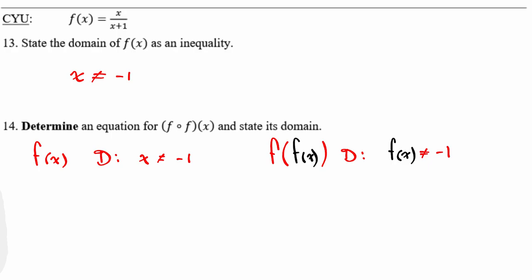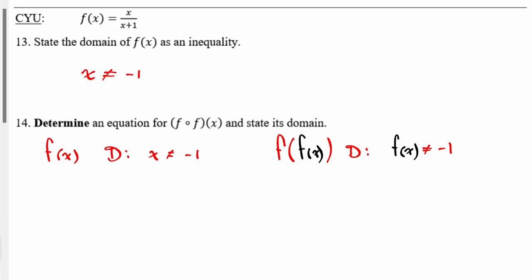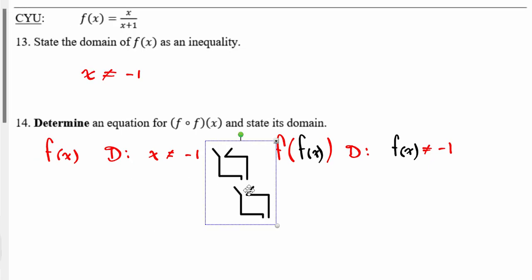So similarly, as I have done with the previous questions, as I think about the composition of these two functions, first, I'm going to go into the f of x function. So that's going to be my inside function here. And then that output goes back into the f of x function to see what we get.